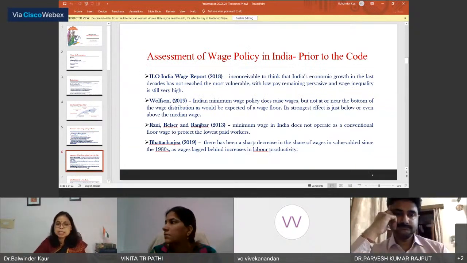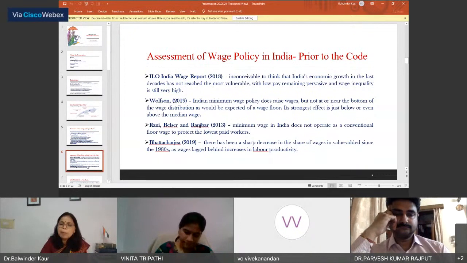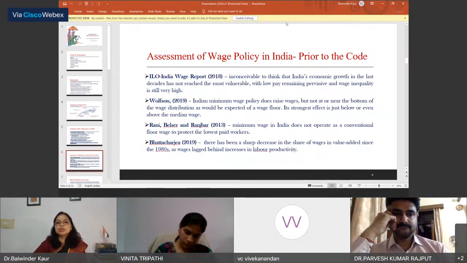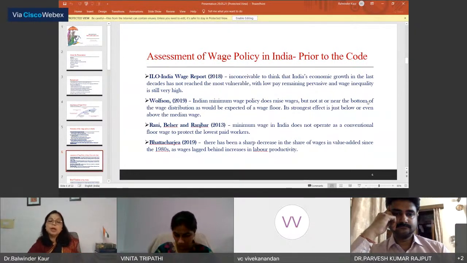I draw your attention to this slide. I have just discussed the review of what the situation of minimum wage in India was. You can see I have referred to the International Labour Organization India Wage Report 2018, in which it is clearly stated that it is inconceivable to think that India's economic growth in the last decade has not reached the most vulnerable, with low pay remaining pervasive and wage inequality still very high.